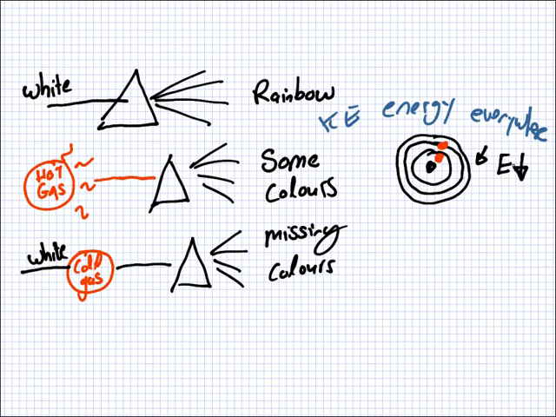It gets more negative. But conservation of energy says the energy has to be conserved. So what happens is if it drops, then it releases a photon. What energy will this photon have? It will have the same energy that was lost here.